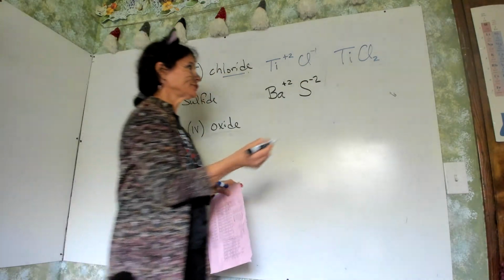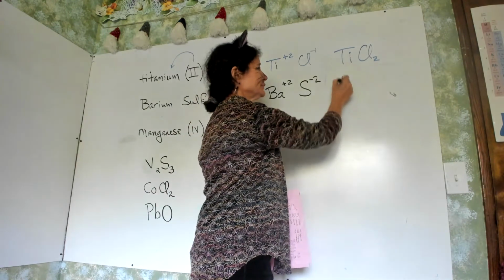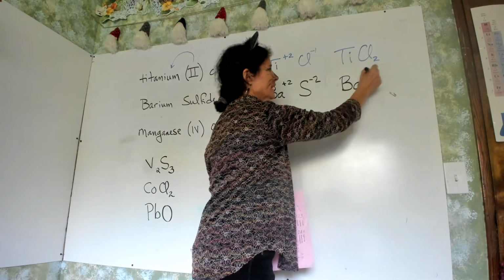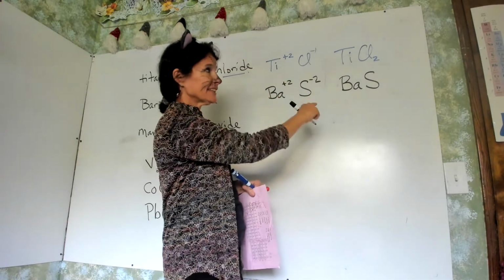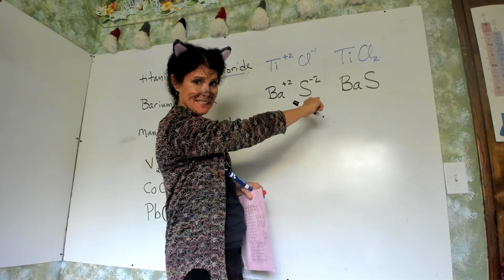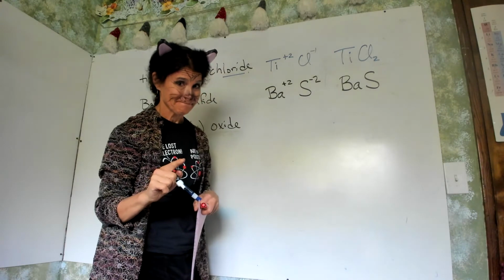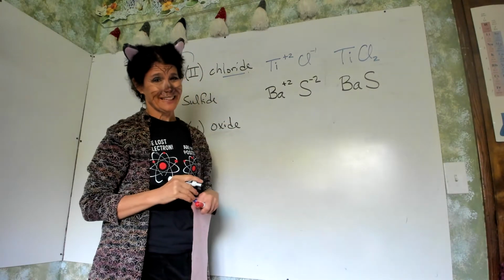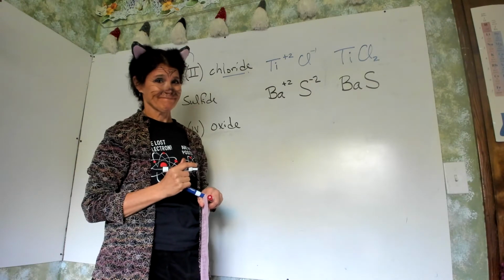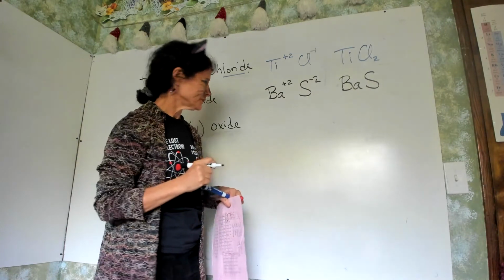So Ba2, S-2. So we just write one of each. It's a ratio. Little a, that S needs to be the same side as B. When you write the symbols, I am a nitpicker. It's like what little cats do, right?